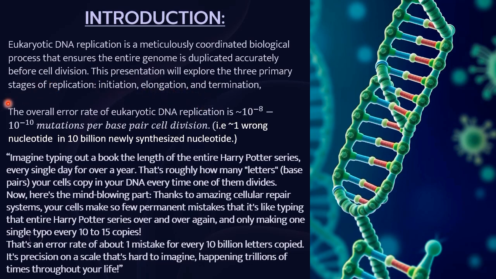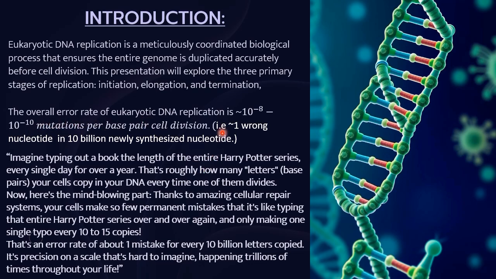But before we dive deep into this process, I wanted to share a fun fact. The overall error rate of this eukaryotic DNA replication process is roughly 10 to the power negative 8 to 10 to the power negative 10 mutations per base pair per cell division.